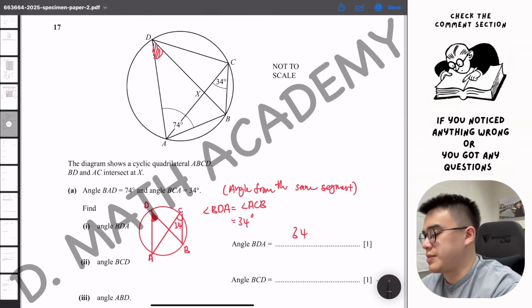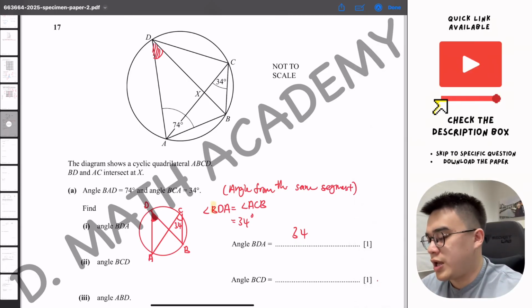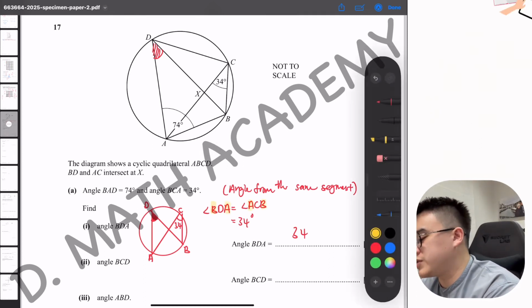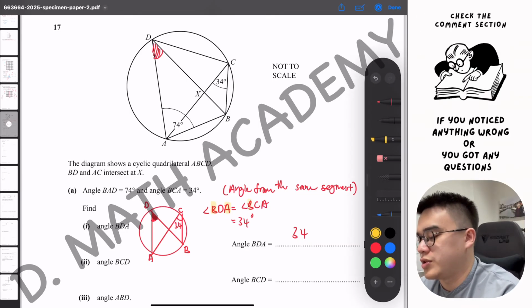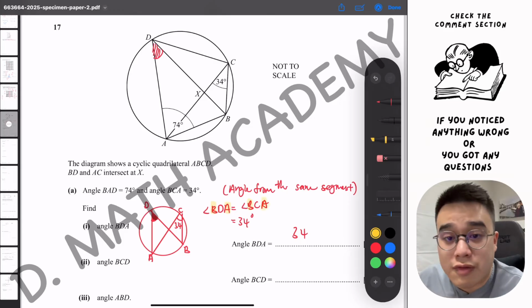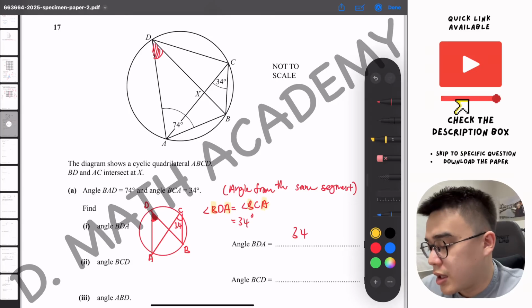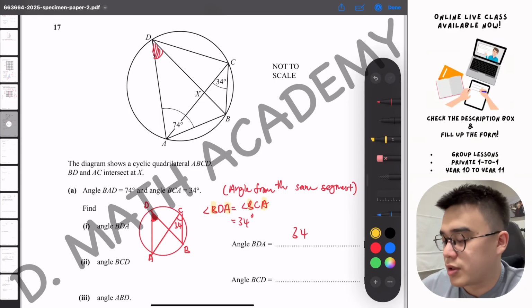This same segment thing is quite easy. All you need to take note is they usually have the same starting and ending point. If you have a little bit of OCD, feel free to readjust. You can write B first as always and then A. It's really up to you who you want to start from. So that's how I find that my BDA is actually 34 degrees.